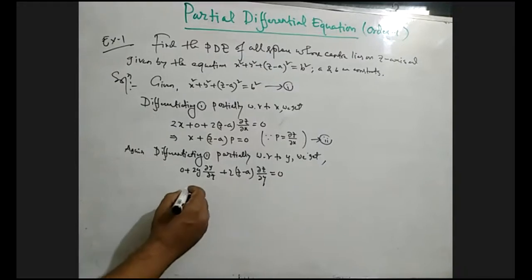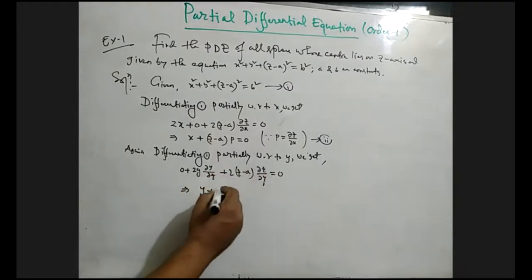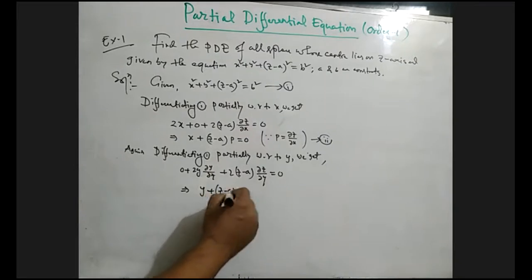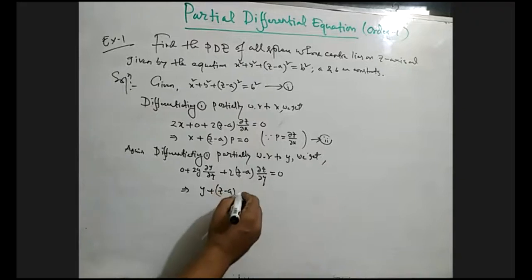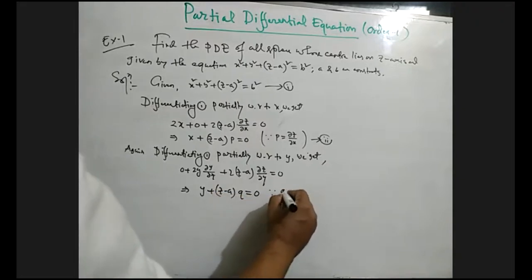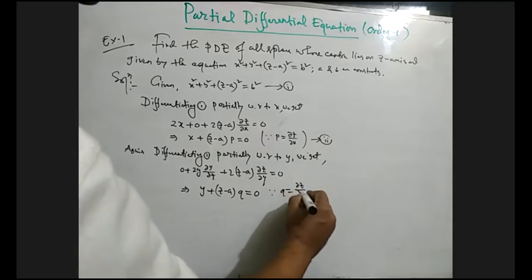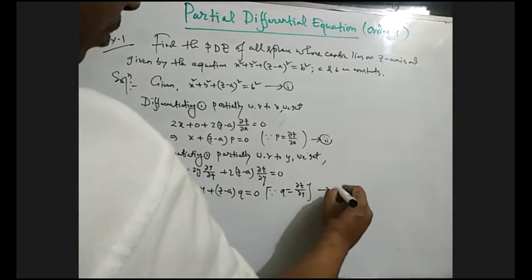So from here, dividing by 2 on both sides, we get y plus (z minus a) q equals 0, since q equals ∂z/∂y. We already know about this. This is equation number 3.